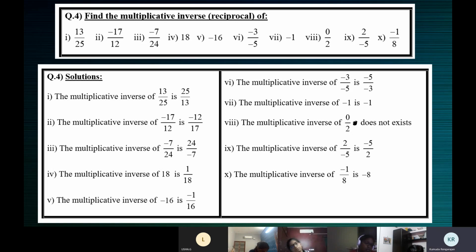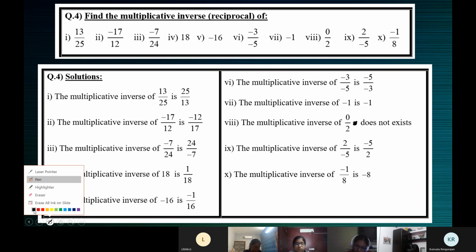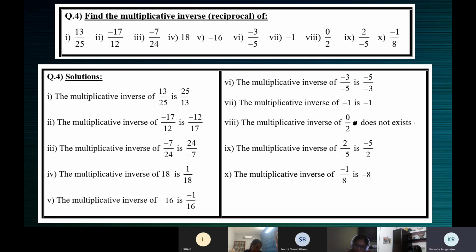The multiplicative inverse of 0 by 2 does not exist, or is not defined. You can say does not exist, or you can say the multiplicative inverse of 0 by 2 is not defined. Anything you can write.